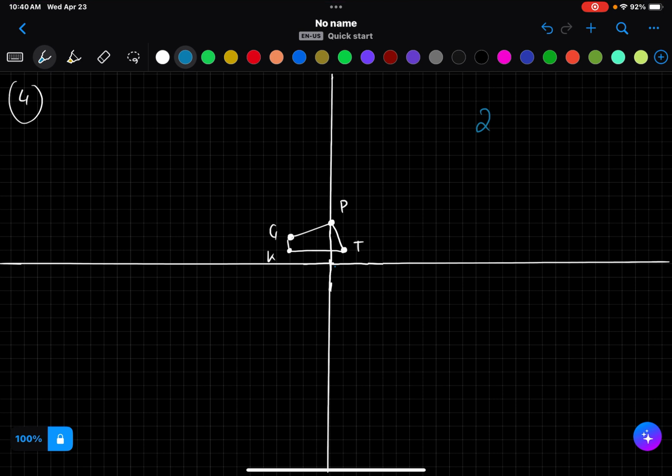So 2 to the right and 3 down. Let's move that. Point P, 2 right, 3 down is going to be right here. Point T, 2 right, 3 down is going to be right here. Point G, 2 right, 3 down is going to be right here. And K is just below it. So connect your dots.